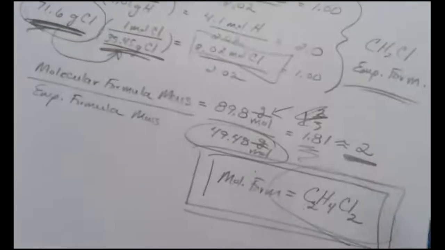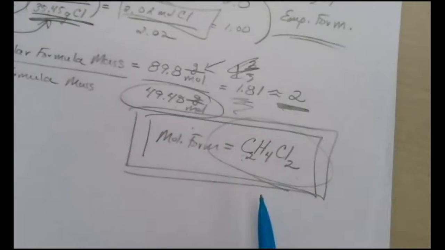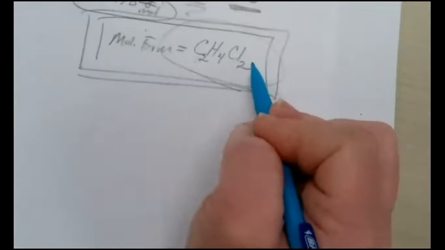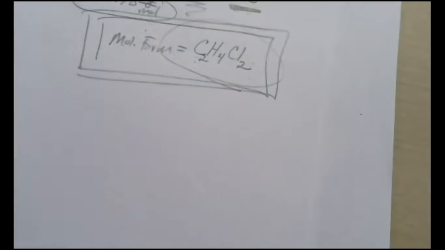Yes, Abby? So does the final answer mean that 1 mole of CH2Cl would be C2H4Cl2? What you just said, your beautiful sentence, would 1 mole of this be that? No, they're different compounds.